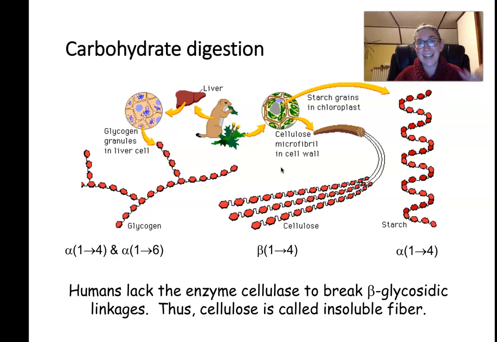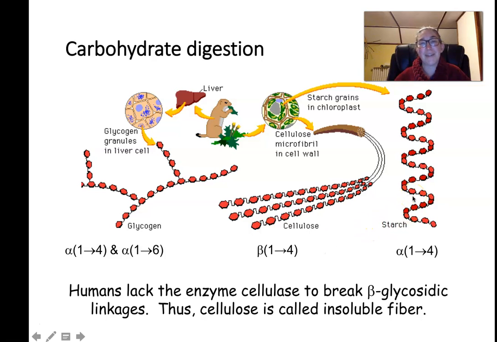The corn kernel is just full of cellulose, of insoluble fiber. So next time you eat corn, check your poop. You'll see the corn in it pretty much unchanged. So yeah, we cannot digest insoluble fiber, but it's still very healthy for us and nutritious.